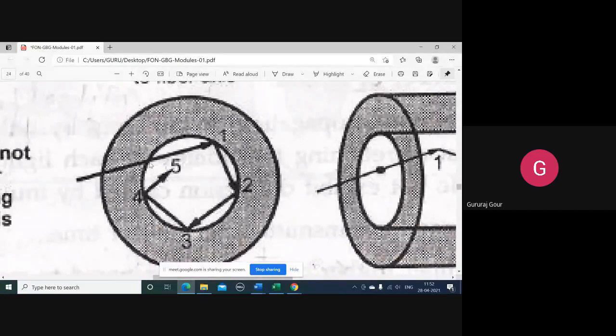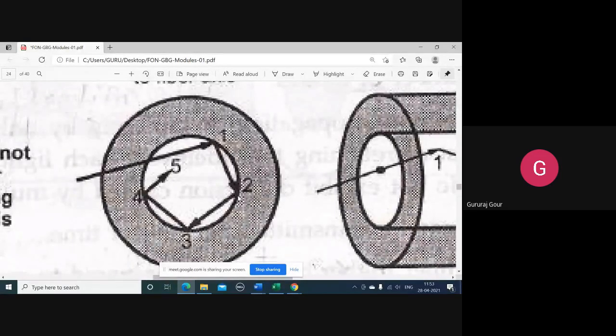The ray is striking at a particular point 1 on the core of this fiber. Obviously, TIR will not be supported for these skew rays. Otherwise, it could have achieved the meridional ray type of propagation. It is undergoing simply a reflection from point 1 to point 2, another point on the wall of the core.